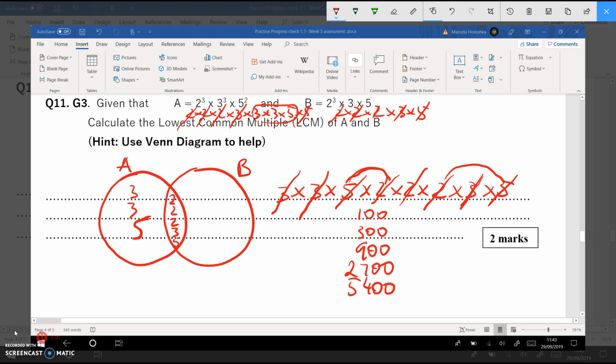Now, could it be confusing how you work out lowest common multiple, which numbers you multiply for the lowest common multiple, and which numbers you multiply for the highest common factor, which is what we looked at previously. Factors, as we've said before, tend to be smaller than the numbers themselves. So for that reason, we're multiplying fewer numbers, so only the numbers that overlap in here.